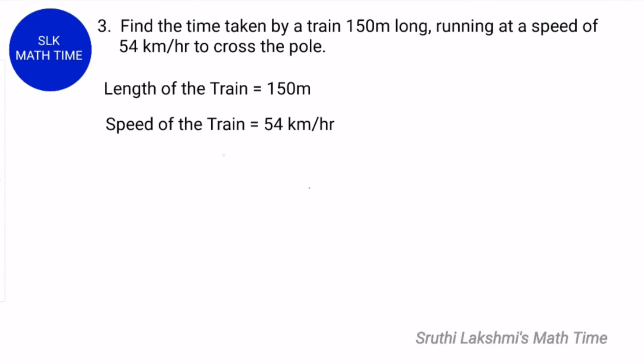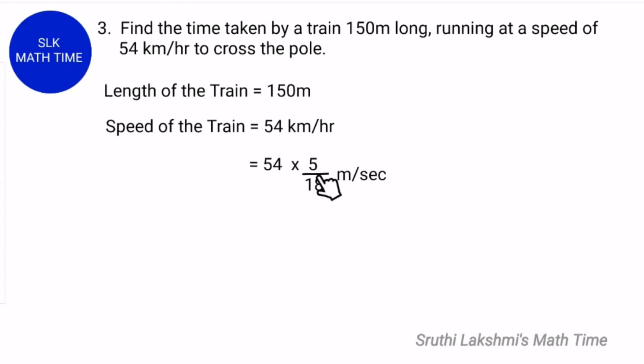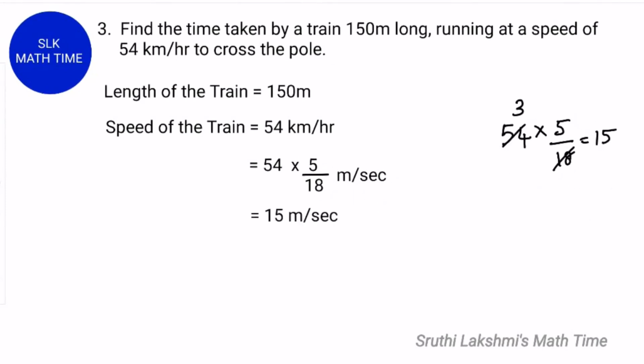Since the speed of the train is in km per hour while the length of the train is in meters, we have to convert km per hour to meter per second. So we do 54 into 5 by 18 meter per second. When we simplify this, we get 15 meters per second.